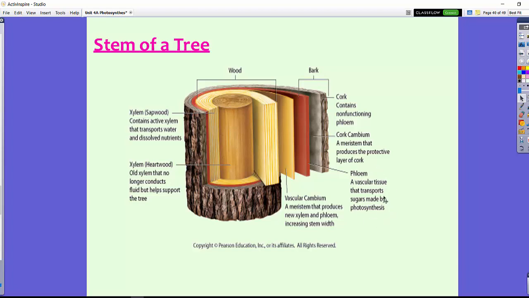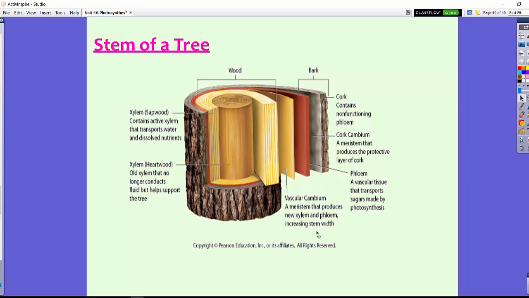If you take all the bark off, you're actually tapping into the phloem, and remember that phloem is very important to transport the sugars up the tree or down the tree, wherever it needs some sugar. The cork is the old phloem, and the cork cambium is a layer of tissue that protects the cork, or protects the tree. So if you dig too deep, you're getting into that phloem, which could damage the tree.